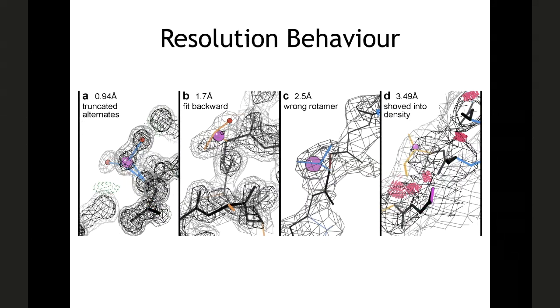This happens a lot at 1.7 and in that area. Sometimes a wrong rotamer is fit and the algorithm can't find the correct rotamer, probably because some of the density is missing. And then in the 3.5 area, because the density has fewer features, side chains will be shoved into the density and pushed in a direction, and that means that you're likely to see a C beta deviation.